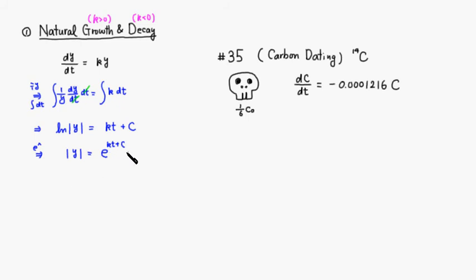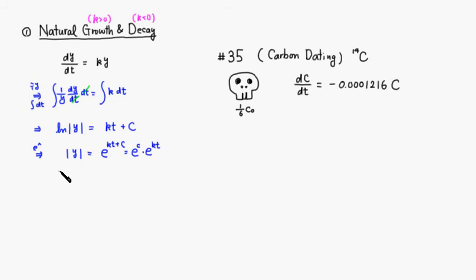I'm going to rewrite it as e to the kt times e to the c, just splitting it into two exponential functions.